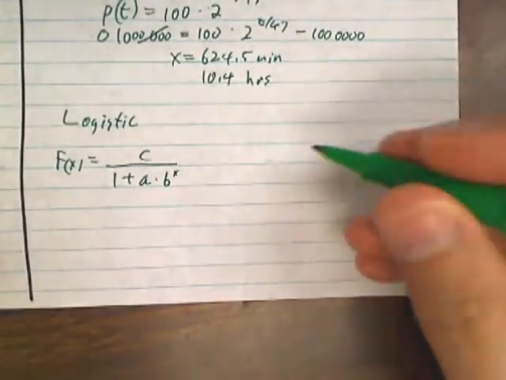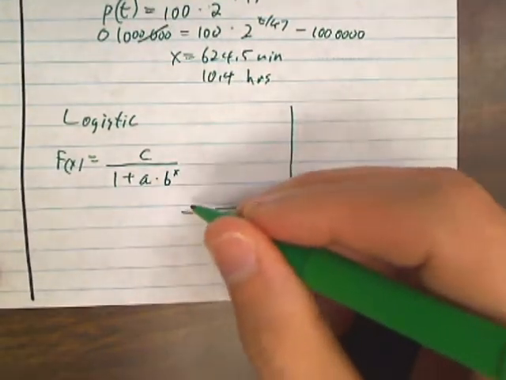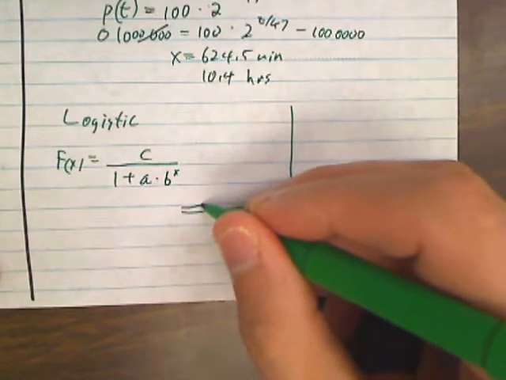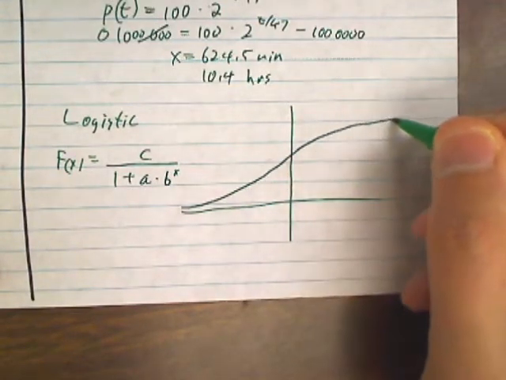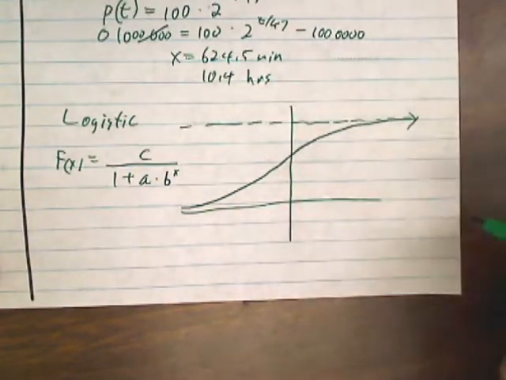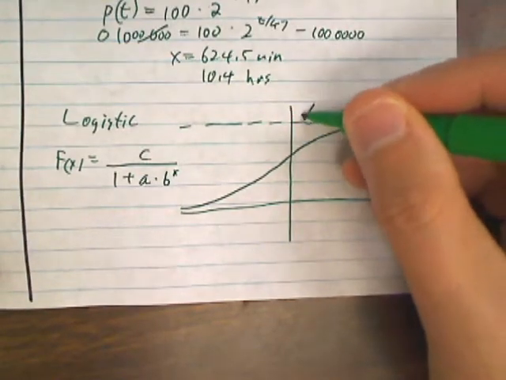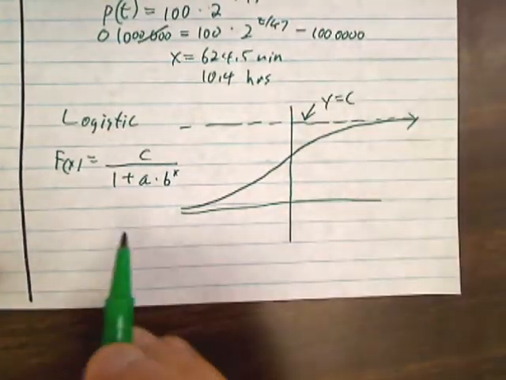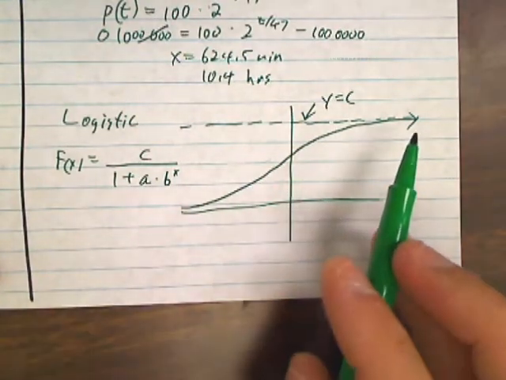This logistic function has a horizontal asymptote at 0 with this model, and another horizontal asymptote up there. This asymptote here is y equals c. Whatever the value of c is, that's where that asymptote will be.